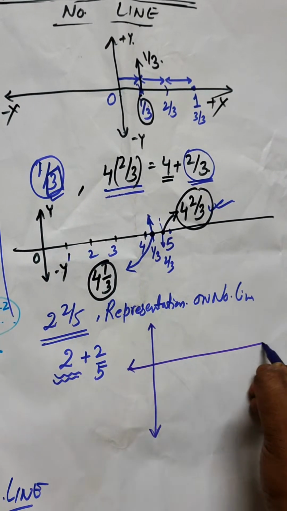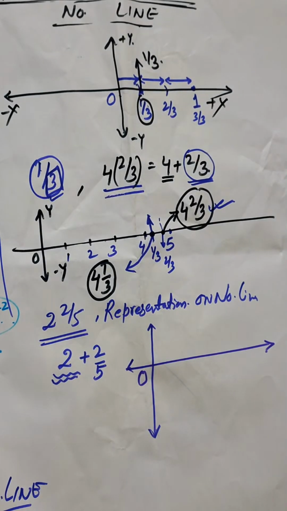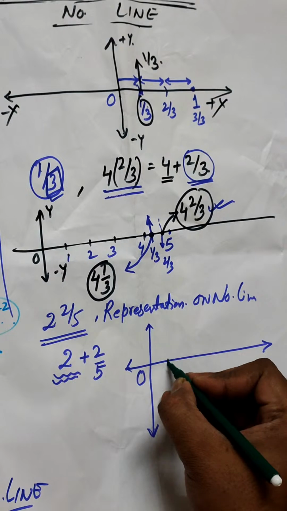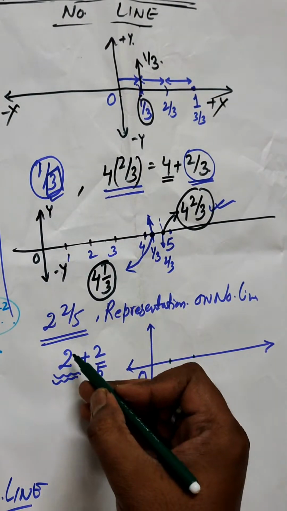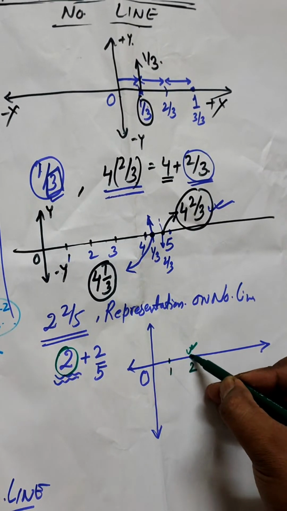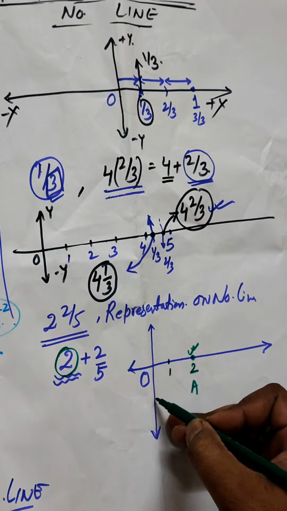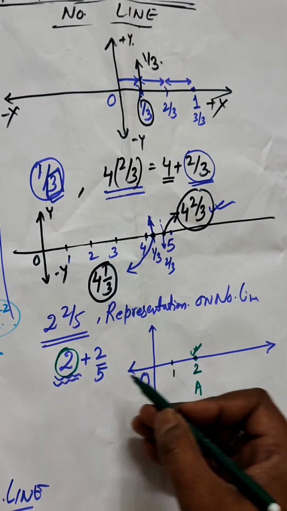I know you guys are very smart. It's 0, it's 1, it's 2. So for 2, it's very simple. You represent this point, let's say A, as the point on the number line representing 2, the whole number.